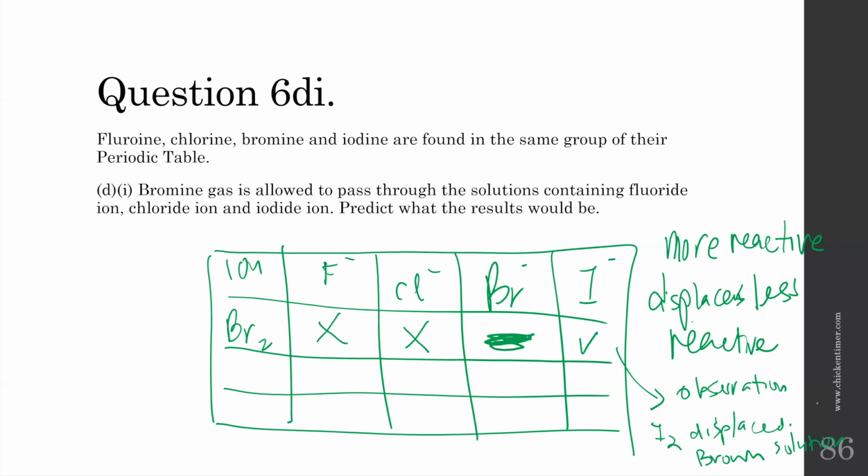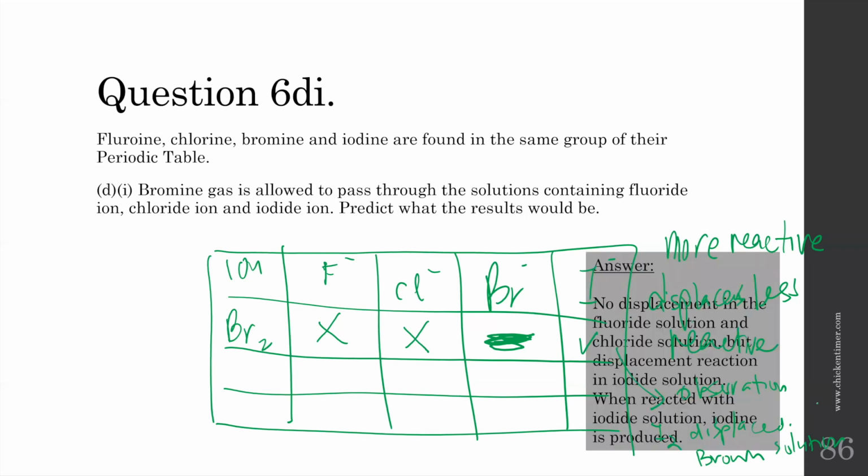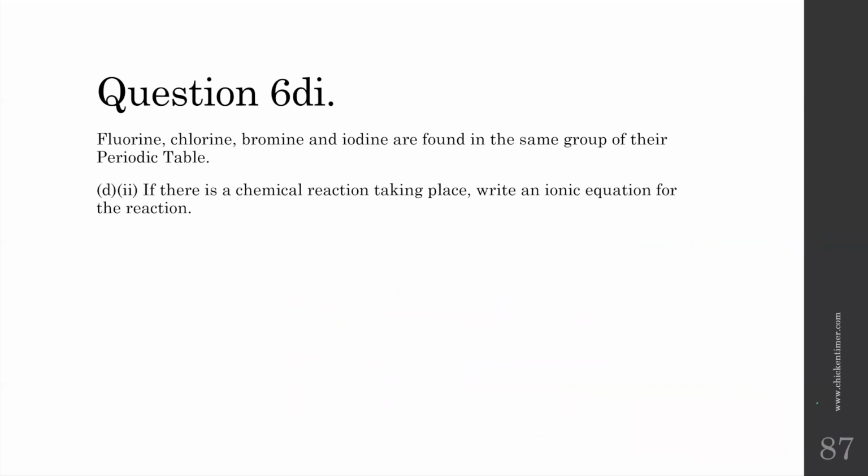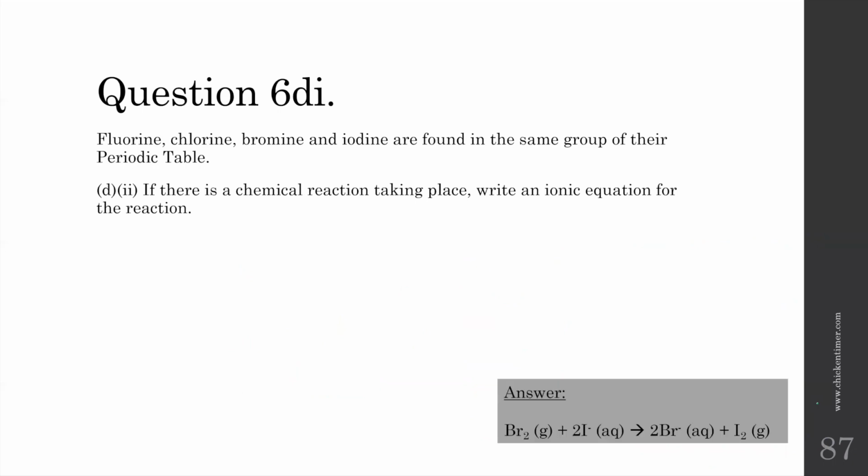So in the end, you will see that the solution becomes brown, and the reddish brown color of bromine disappears. Then they ask for the ionic equation, which is this. I will not go through it.